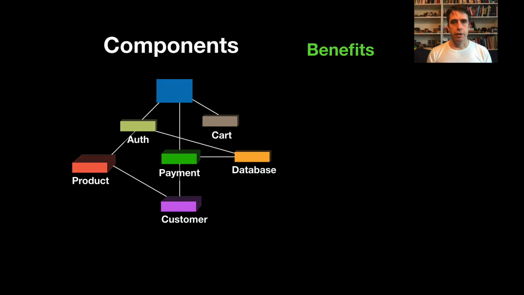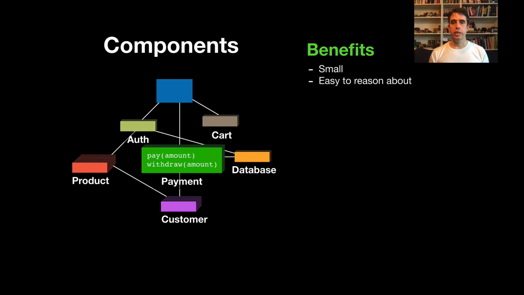So what are the benefits of using components? A component is small, and that's good. It's bigger than a class, but smaller than a microservice. And in the project I worked in, the average size of a component was 400 lines of code. So they can be very, very focused on one task.